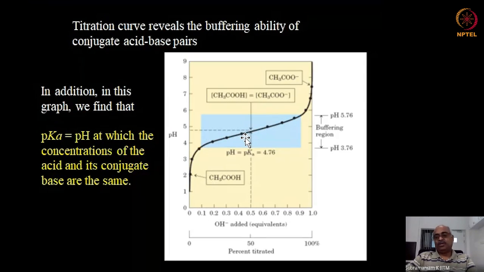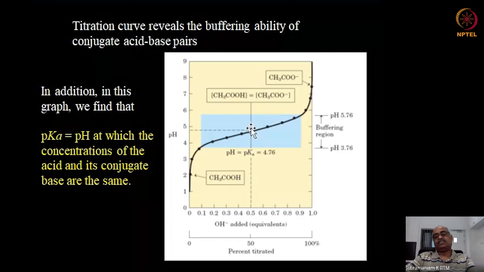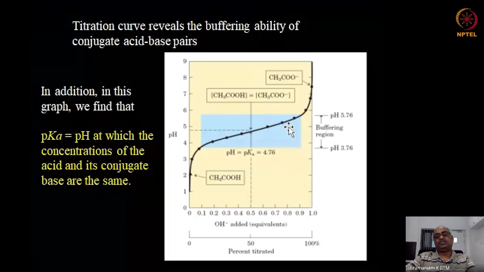And the main point we really need to pay attention to is this shape, this range, like marked here, 3.76 to 5.76. In that range, for the quantity of hydroxyl ions or base added, the pH does not proportionally increase. It sort of resists change in pH in this range.